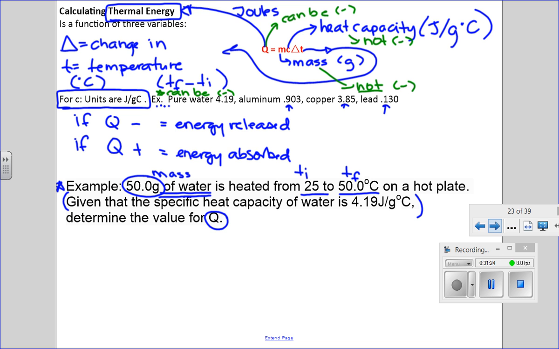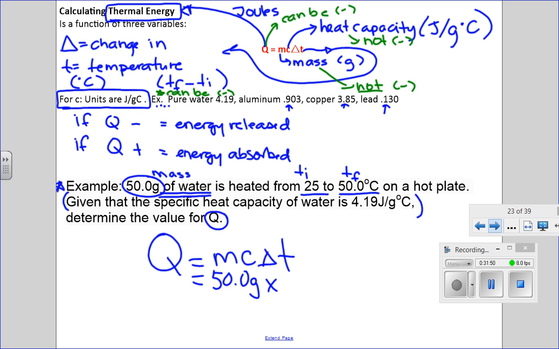So our goal is to determine the value for Q, and a lot of the time that will be your goal. That means you write the formula exactly the way it is, and then we would simply need to fill in the correct numbers here. So our mass was 50.0 grams.